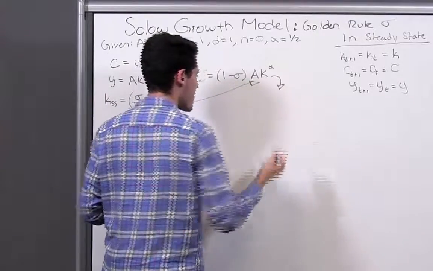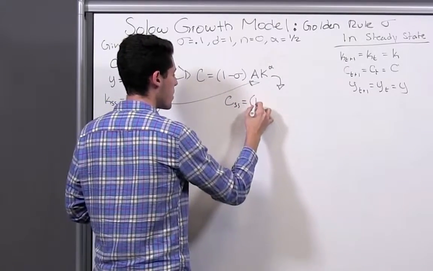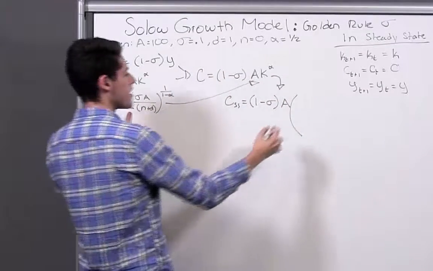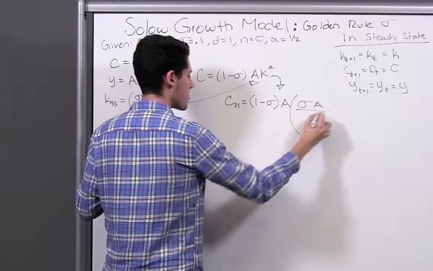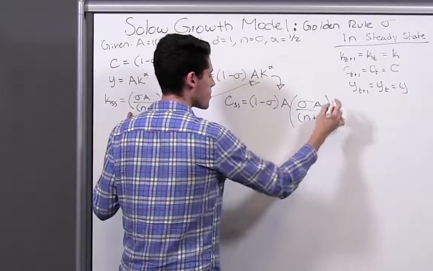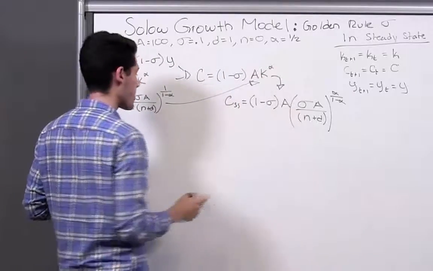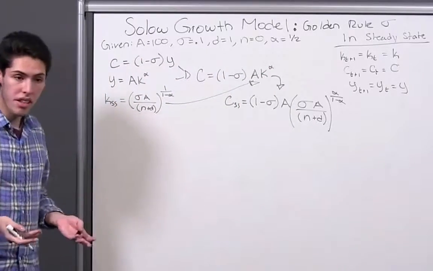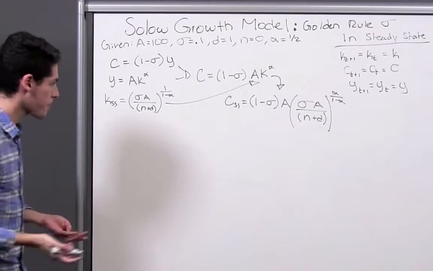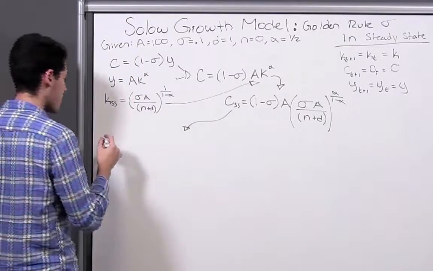And so the final function that we're going to have is that consumption in the steady state is equal to 1 minus sigma times A times sigma A over N plus D, all of that to the alpha over 1 minus alpha, because we can't forget that there's an alpha here. That is going to be our consumption function as a function of all the parameters we're given.